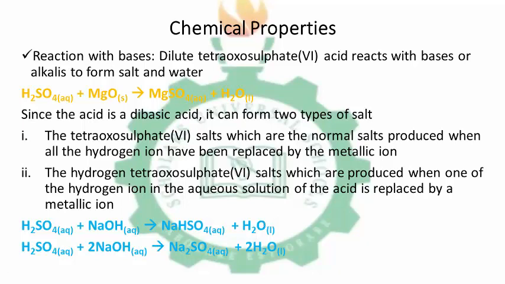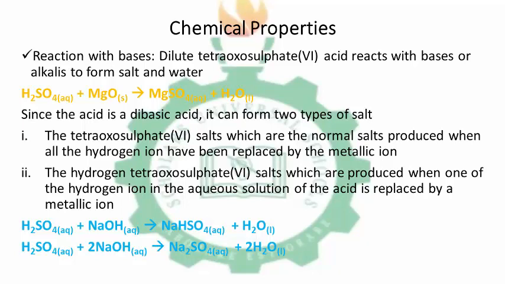Now you know that neutralization is when acid reacts with base to form salt and water. When you are writing an ionic equation for the neutralization process, you just write the hydrogen ion from the acid reacting with the hydroxide ion from the base or from the alkali to form the water molecule.